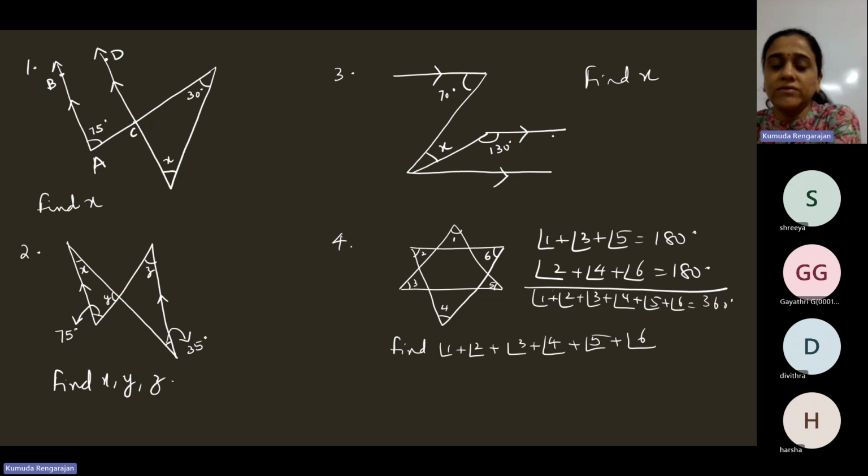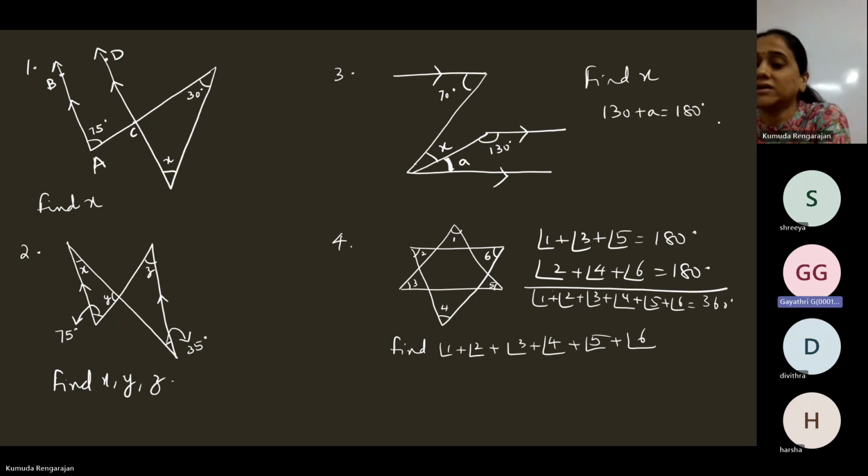So now for the third one, I'm going to mark this angle as A. What is 130 degrees plus A equal to? 180, co-interior angles.